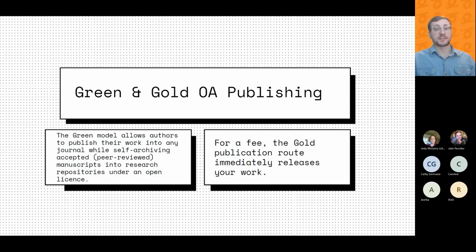And many open access journals comply with well-established peer review processes, and they maintain high publishing standards. So they're not just a ragtag group of unreviewed material. Typically, there are two routes for publishing open access. We call that the green route and the gold route.